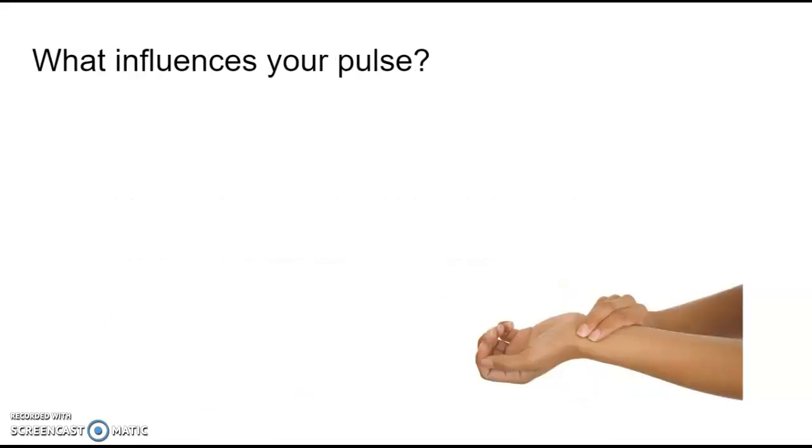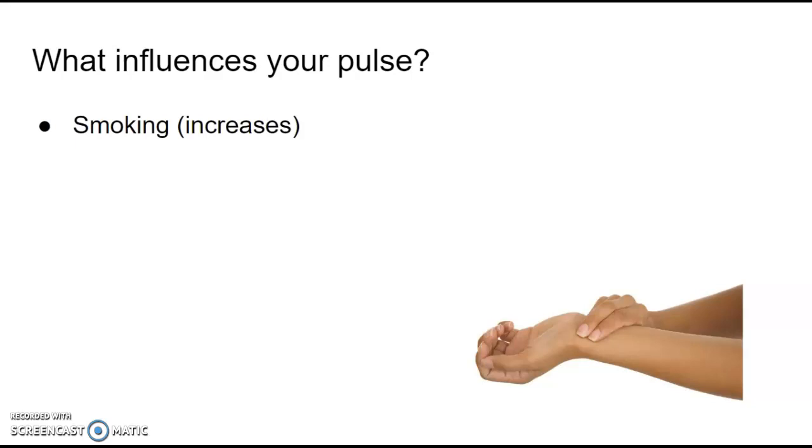So what influences pulse? If you think about what makes your heart beat faster, there are certain things you can do, or certain things that might trigger your heart to beat faster. That's going to affect your pulse because your pulse, in essence, is measuring how many times your heart is beating. So a couple things can influence your pulse. Smoking can increase your pulse.